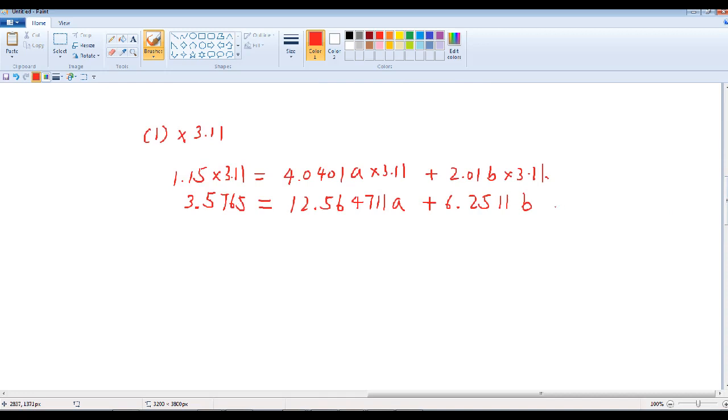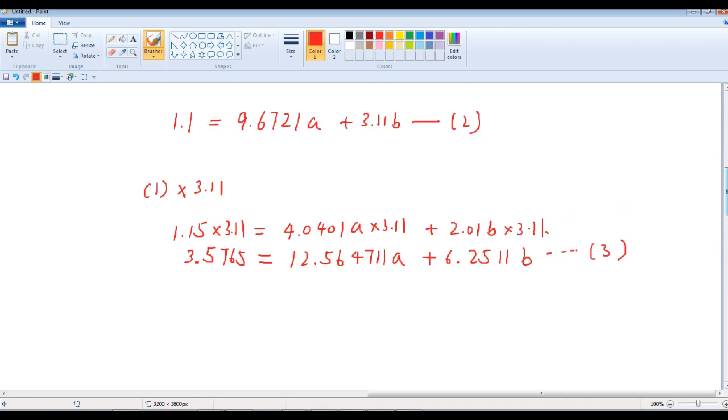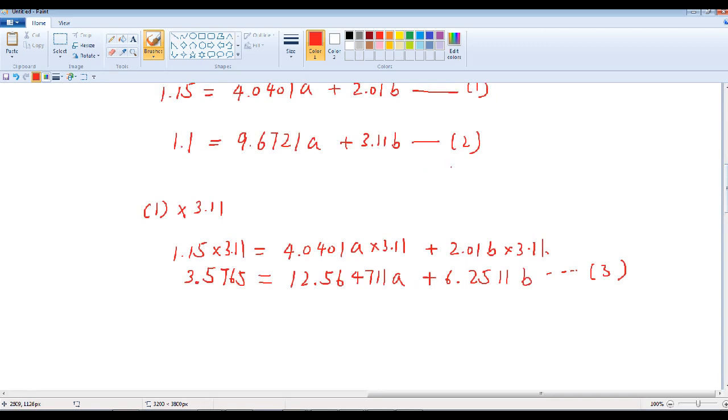That becomes our equation number 3, and then don't forget you still need to do something to equation number 2.